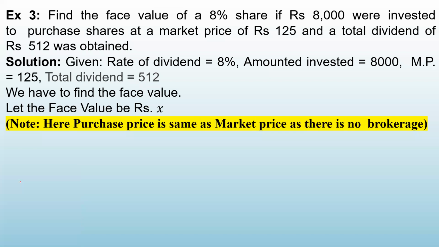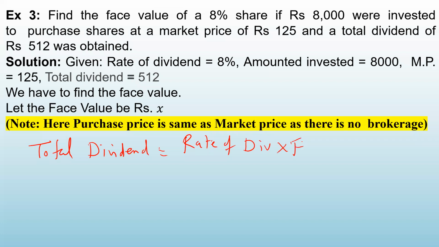What is your formula for total dividend? Total dividend is equal to rate of dividend into face value into number of shares divided by 100, this is your formula, correct?